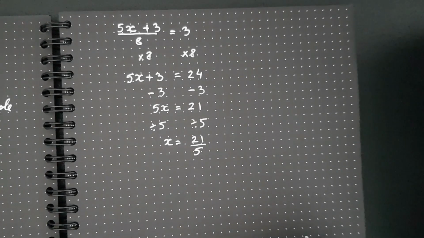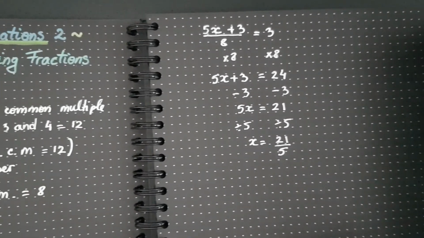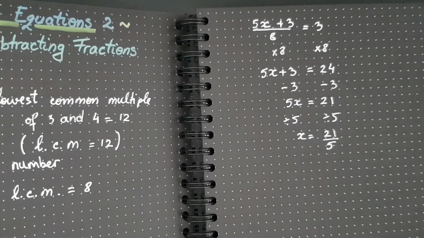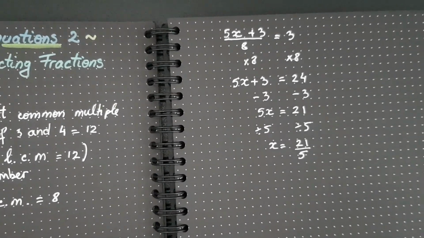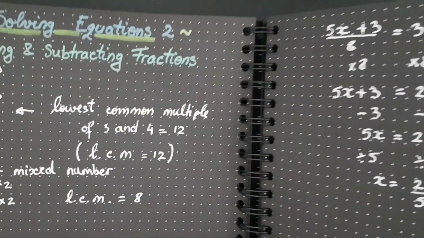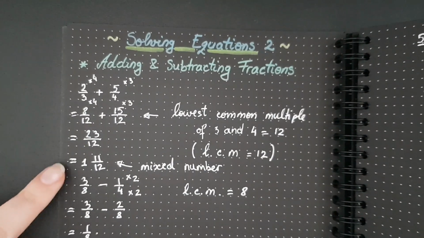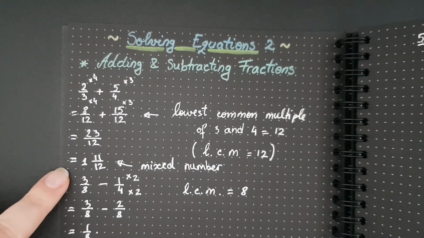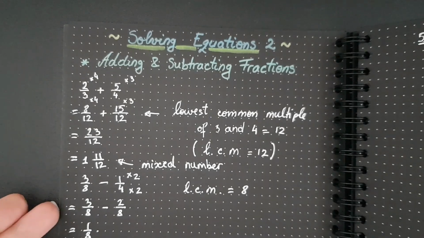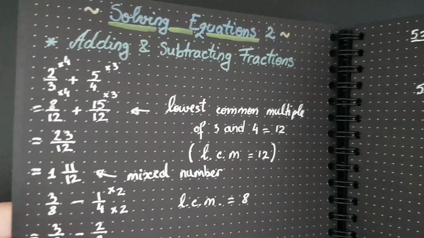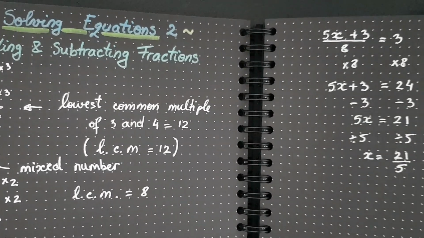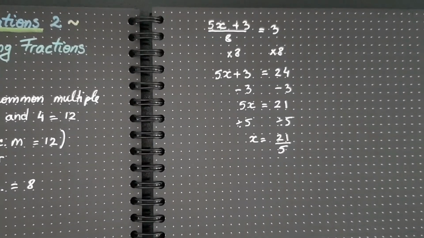Now, because I've already done mixed numbers on the other side when I looked at the addition, let me show you again. When I've done it over here, I changed the 23 over 12 into 1 and 11 over 12. I'm going to do the same on this one. So this time I've got 21 over 5.